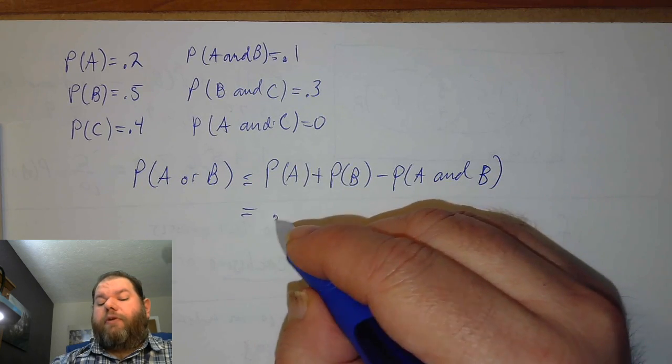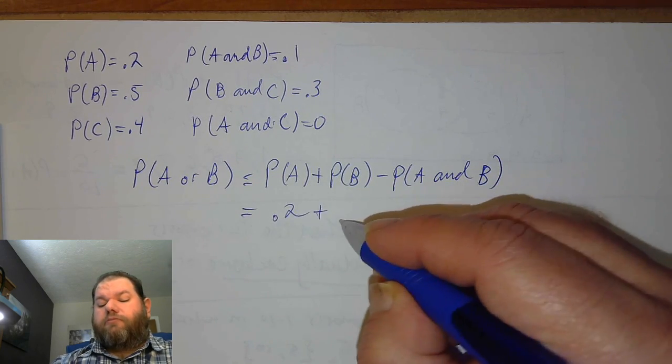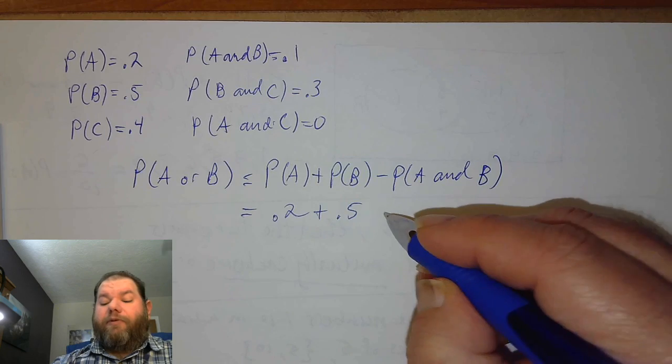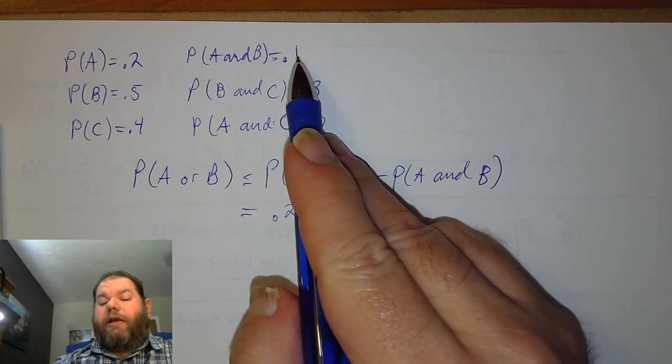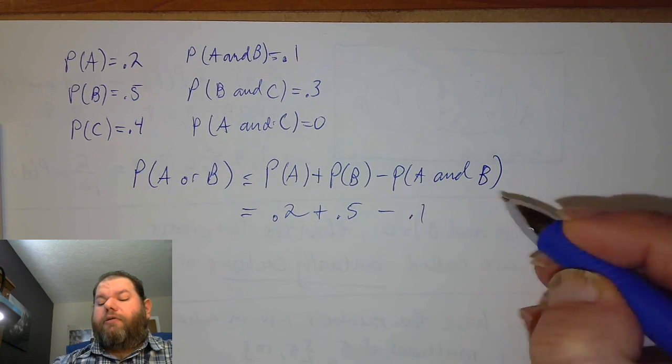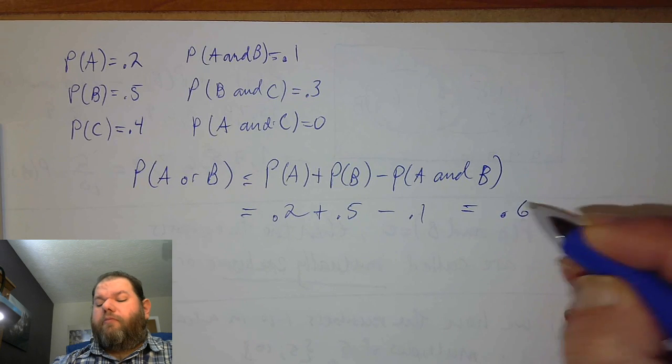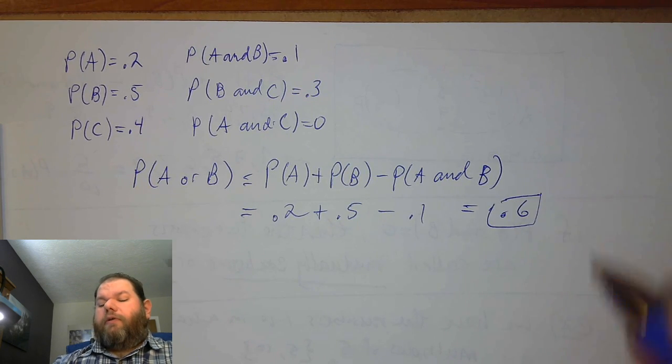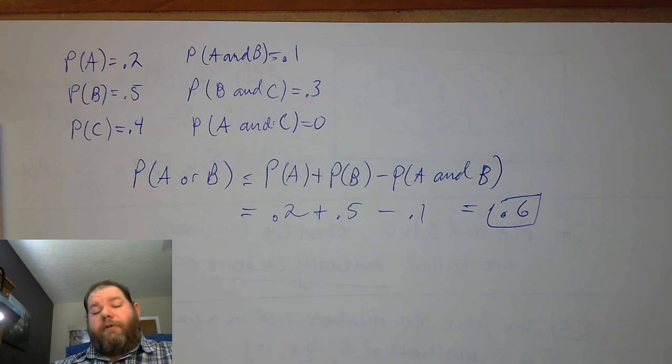Probability of A is 0.2, probability of B is 0.5, and A and B is 0.1. So that gives an overall probability of 0.6. So we had 2 and 5 and then subtract 1.